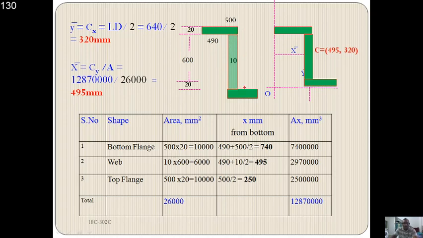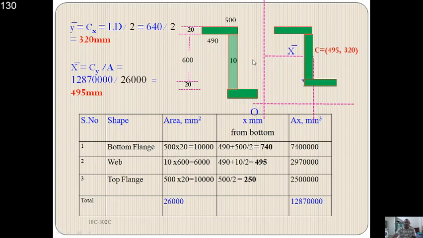The first axis is here at 250, the second axis is here at 495, and the third axis is at 740. Therefore all are at different locations, so we require the parallel axis procedure for the Iyy.